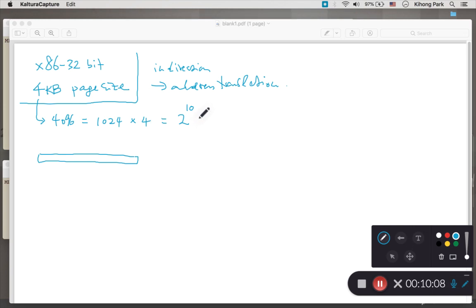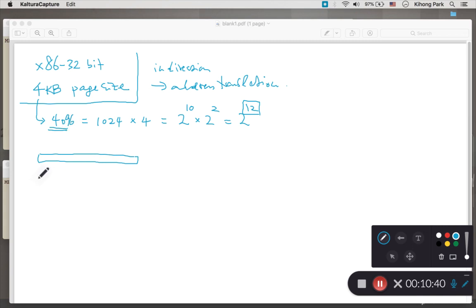And of course 4 is 2 to the 2, so this is 2 to the 12. I could have just said this is of course 2 to the 12 because we do it all the time, but just to spell it out once so that we're all on the same page. So to note which byte we are interested in within a given page, we need 12 bits because there are these many bytes that reside within a given page.